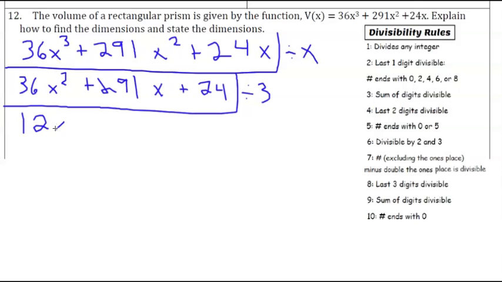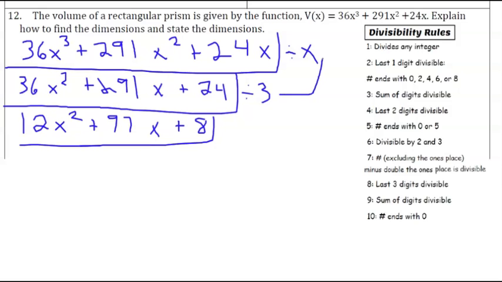So we have 12x squared plus 97x plus 8. Okay, from there, 97 is a prime number, so this would just be the GCF here, 3x.